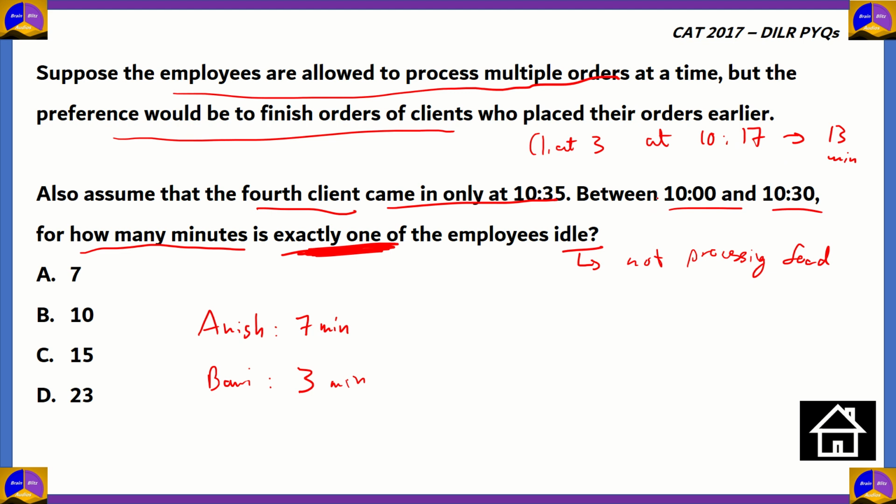Now, the last part of question 4 says, for how many minutes is exactly one of the employees idle? Now, since it says exactly 1, that means the time from 10:17 to 10:30 is not counted as both employees are idle.